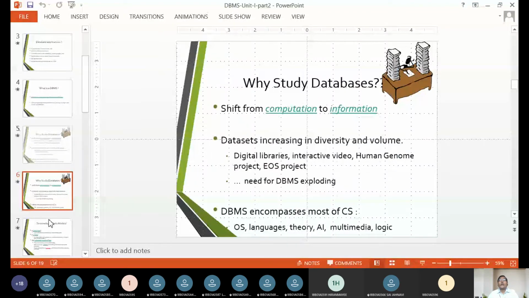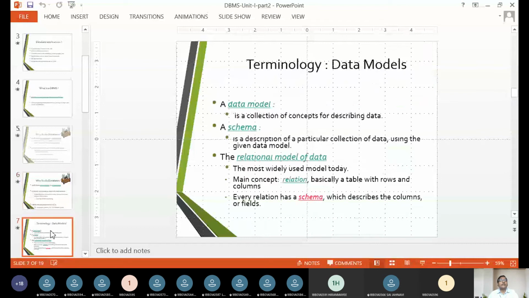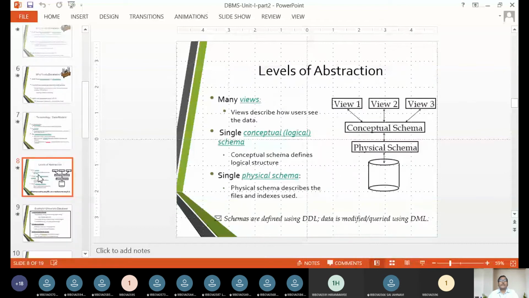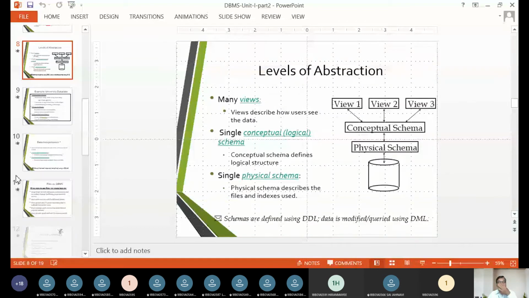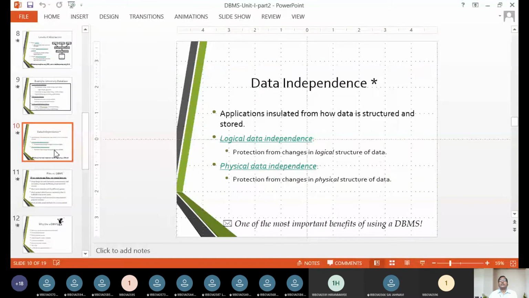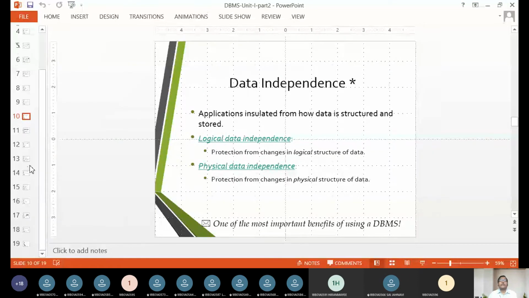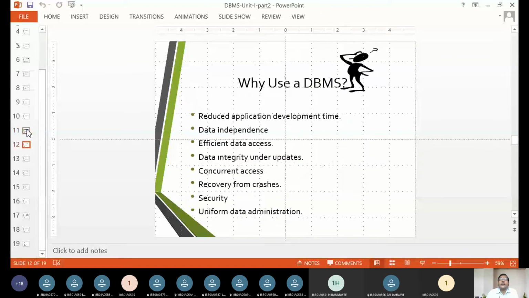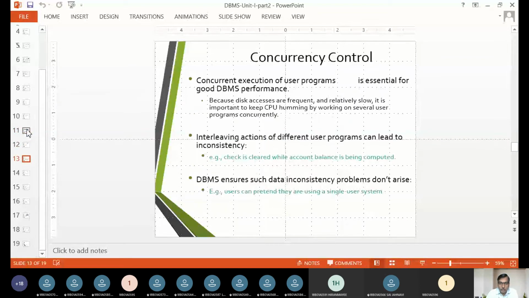Again, we do have levels of abstraction, and after levels of abstraction, in yesterday's class we talked about the dependencies, that can be a logical dependency or a physical independence, and thereby we talked about the differences between file system and database system. Then we talked about concurrency, two or more processes working simultaneously.